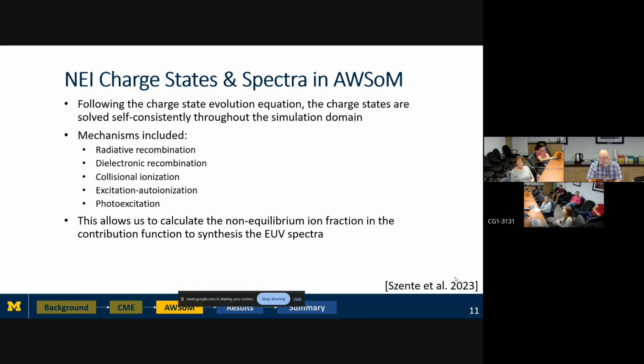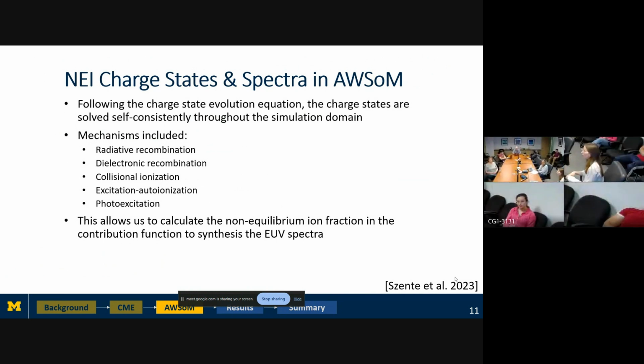As our event continues to expand and evolve, the charge state evolution equation is doing the same thing at the same time. And within this, we include radiative and dielectronic recombination, collisional ionization, excitation and autoionization, and photoexcitation. Then using these charge states, we can also calculate the non-equilibrium ion fraction in the contribution function to actually synthesize our EUV spectra for comparison to observations.